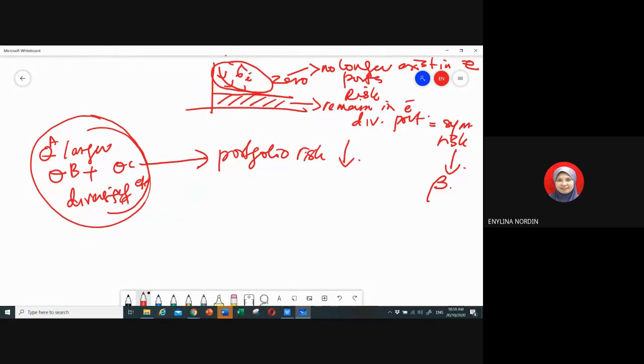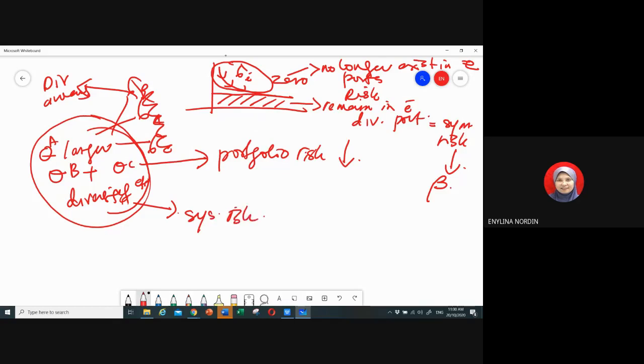Jadi kita ada standard deviations of A, standard deviations of B, standard deviations of C. Semua ni tadi dah diversified away. Alright? Yang tinggal sekarang hanyalah systematic risk, that will be measured by beta.